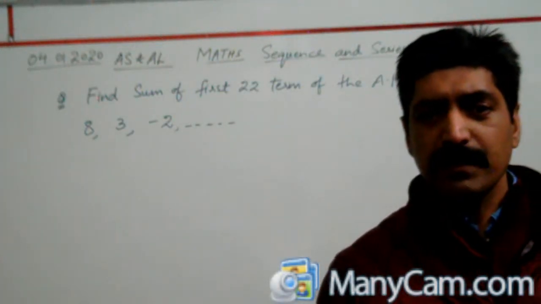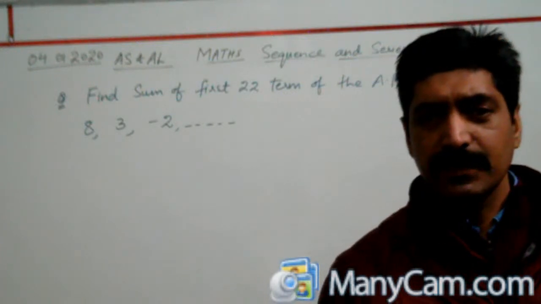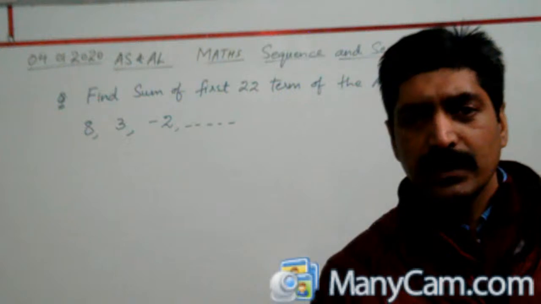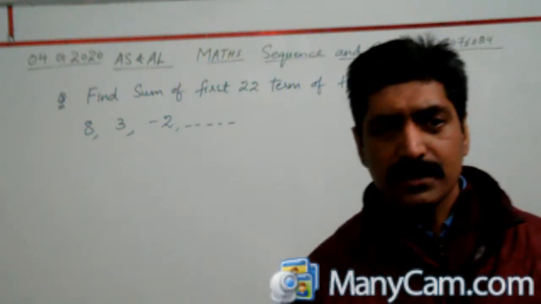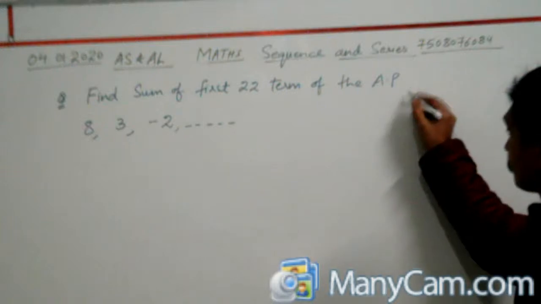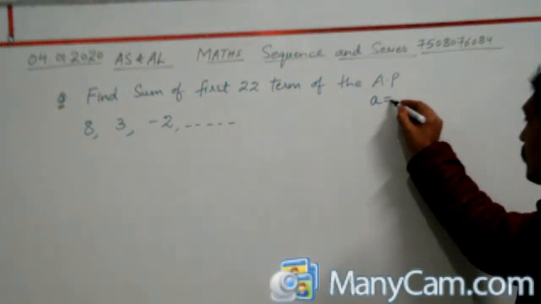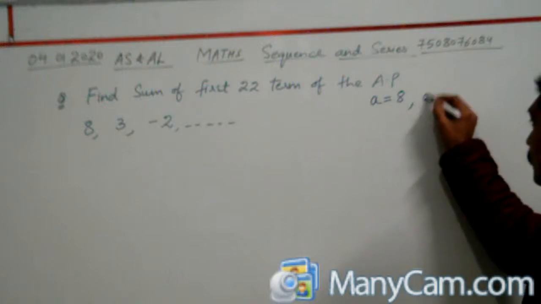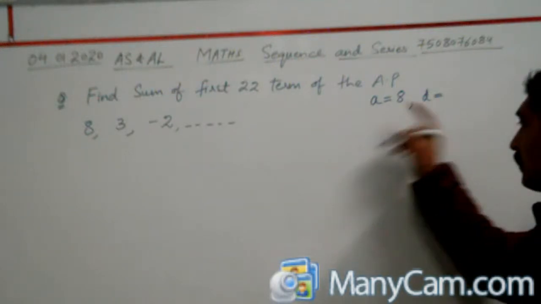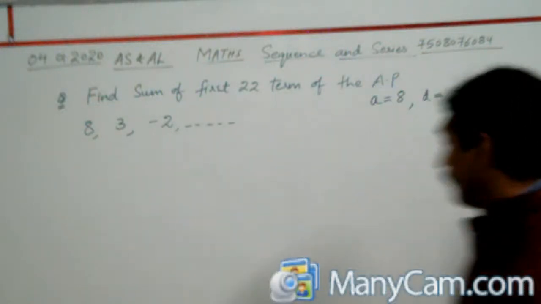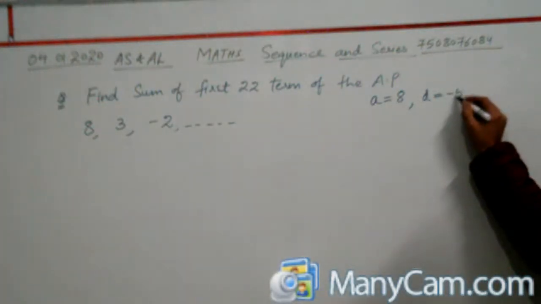In this AP the first term is given, we can find the common difference, and we know both the formulas for the sum of an AP. The first term is 8. The common difference is the difference of two successive terms, that is minus 5.